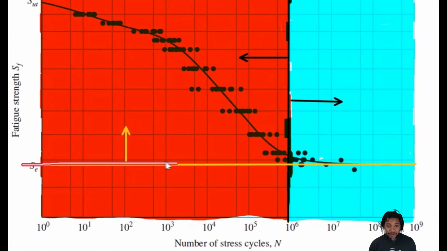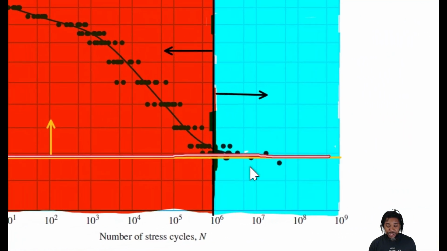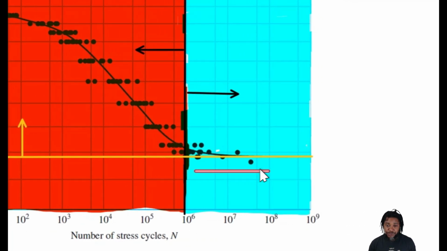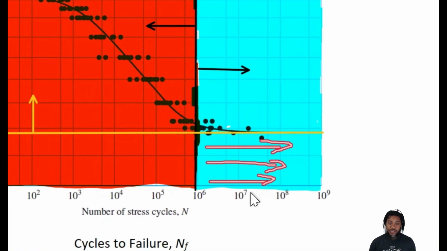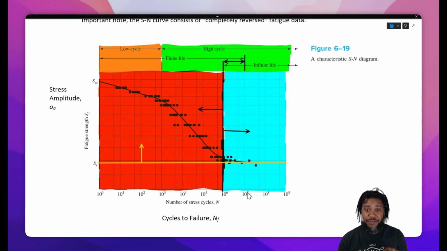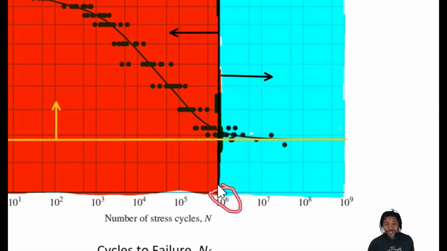It's a stress amplitude below which, in some materials, we'll start to see infinite life. Meaning if the stress amplitude is below that value, we can get a googol of cycles and never have failure. Infinite life.